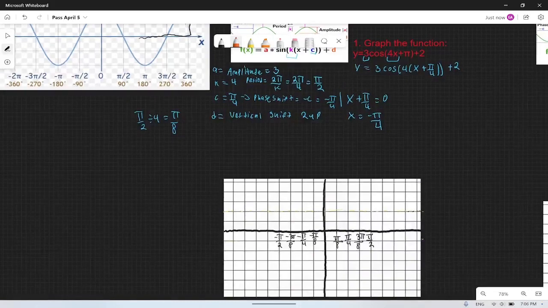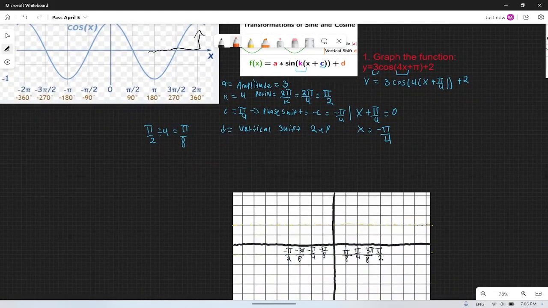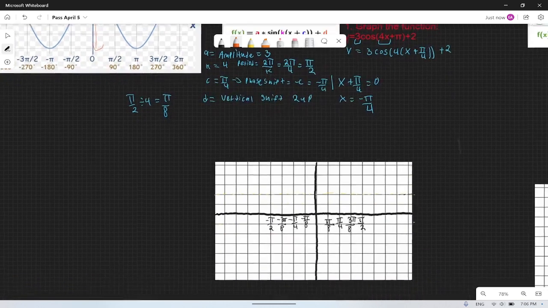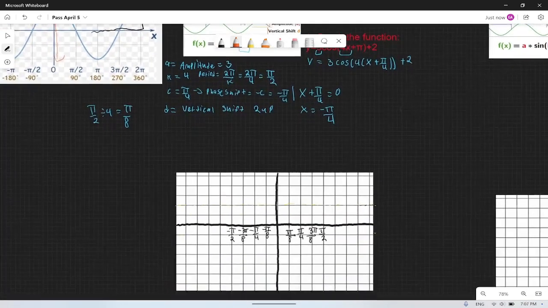So we know our amplitude is 3. The amplitude is how much it goes up and how much it goes down from the x-axis in this graph. So this has an amplitude of 1. It goes up 1, down 1. But our new x-axis, not really, but for the graph at least, is this dashed yellow line, our vertical shift up.